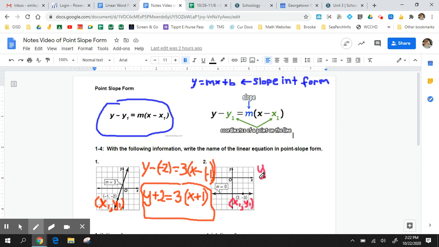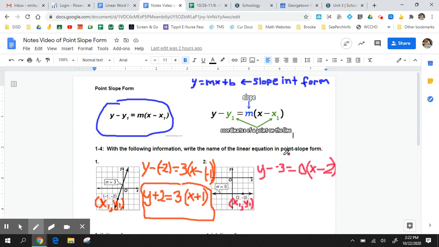So we have y minus our y1, which again is -3, and we can deal with that in a second. And then our slope is actually 0, and then x minus 2. All right, so technically we have written it exactly like what we want.